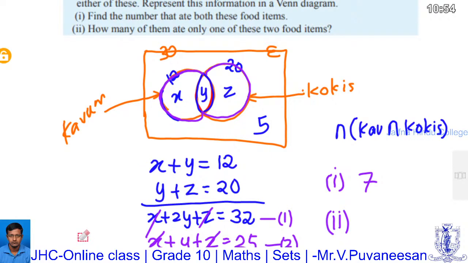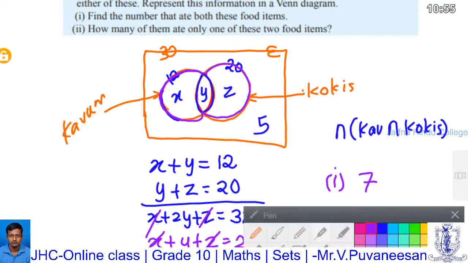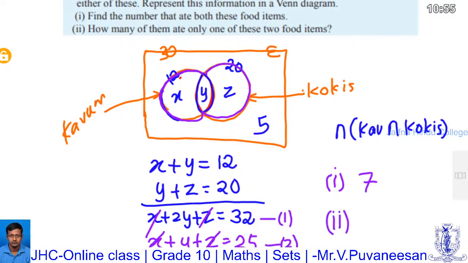Second, you have been asked, how many of them ate only one of these two food items? Which regions belong to only one? These regions, x and z, are those who ate only one item. That is x plus z. We can find x.